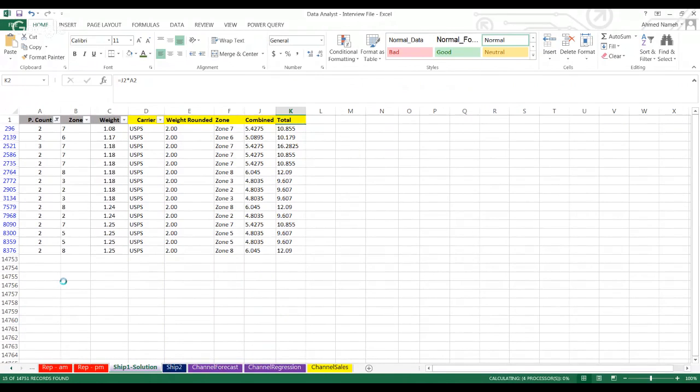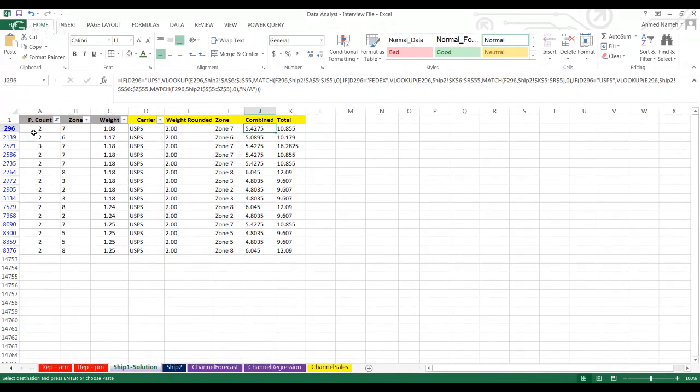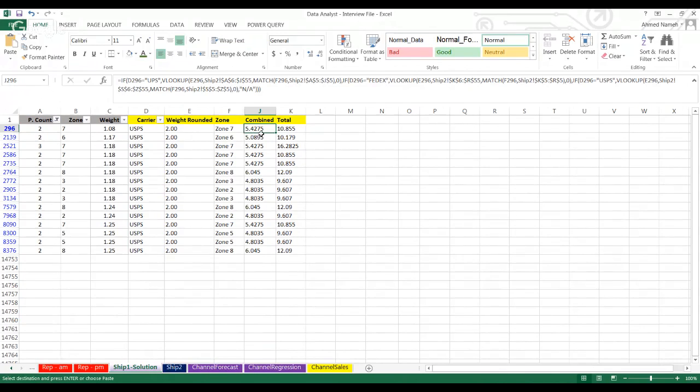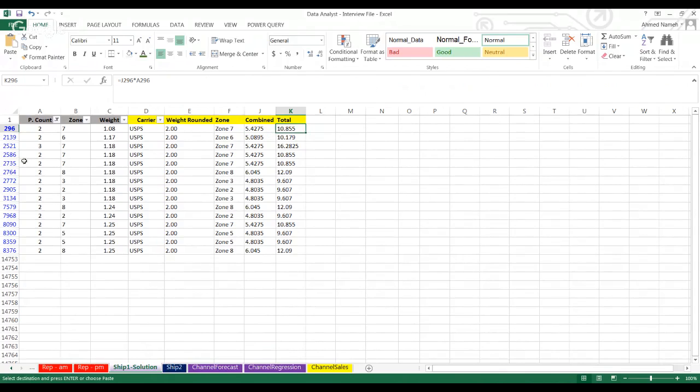So in those scenarios, what I did was I took the shipping rate and I multiplied it by the number of parcels. So here, for example, you've got a rate of 5.43, but your total is double that amount because you've got 2 parcels. And same thing goes for lines where the parcel count is 3.